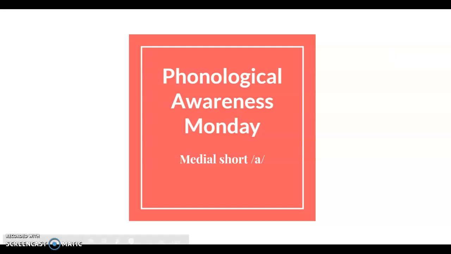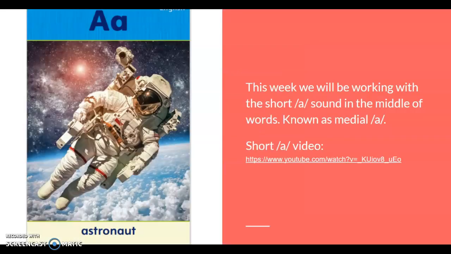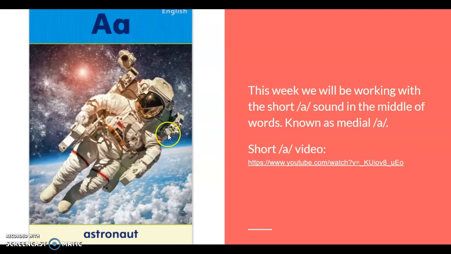We are going to be working with medial short A, pronounced ah. Medial is just a fancy way of saying in the middle. So all of the words we're working on this week have a middle sound of ah. Here's a picture card of an astronaut.